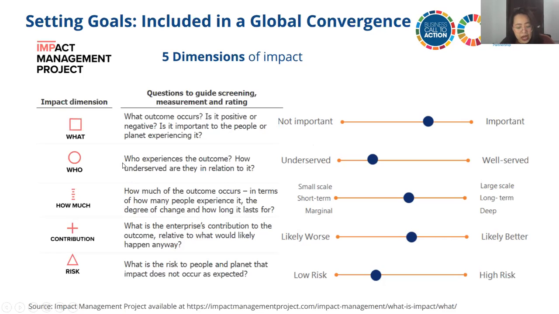Who tells us which stakeholders are experiencing the outcome and how underserved they are in relation to the outcome. How much tells us how many stakeholders experience the outcome, what degree of change they experience, and how long they experience the outcome for.